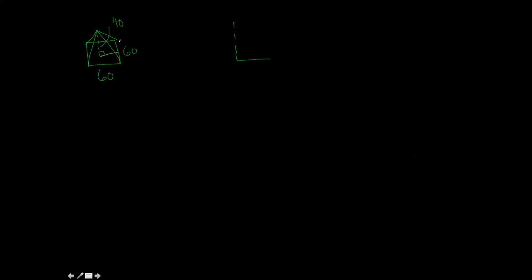Well, assuming that altitude drops in the center, which it does, I know it doesn't look like it with my picture, then what it's doing is essentially dividing this in half. So since one side is 60, that means that would be 30. So we know that's 40. This would be 30. Now think about what this is, though.